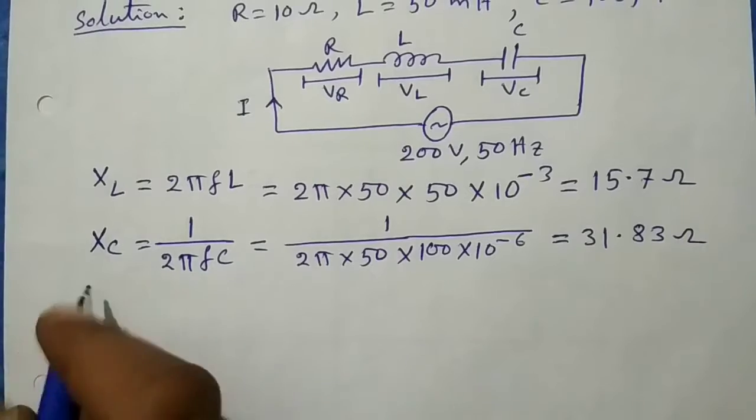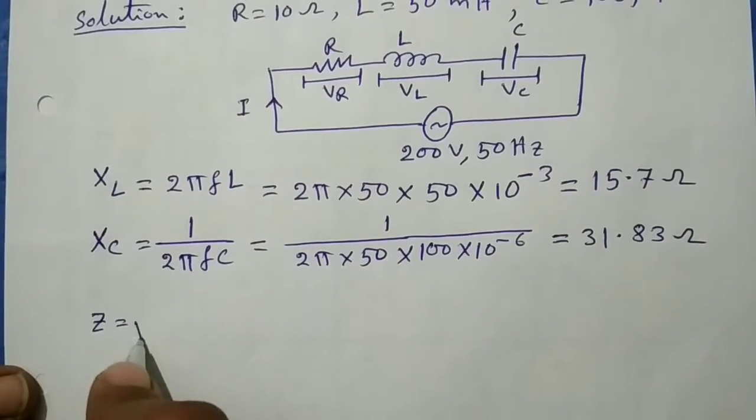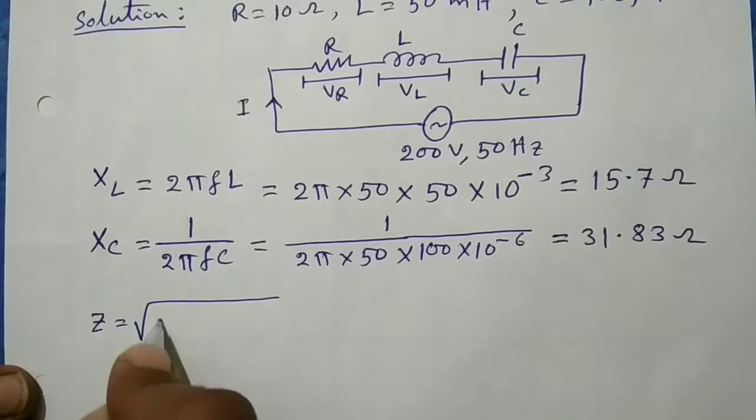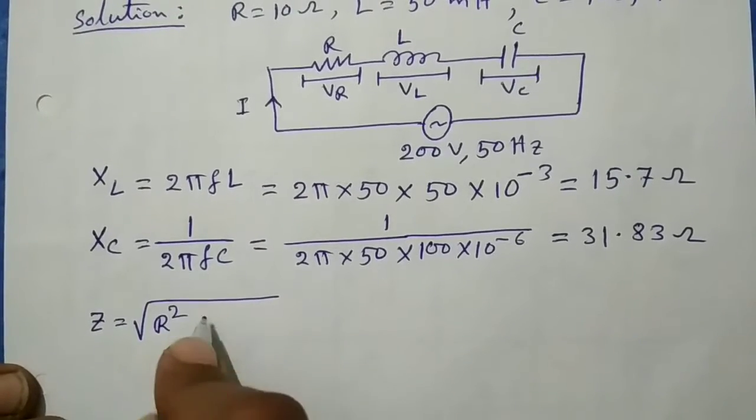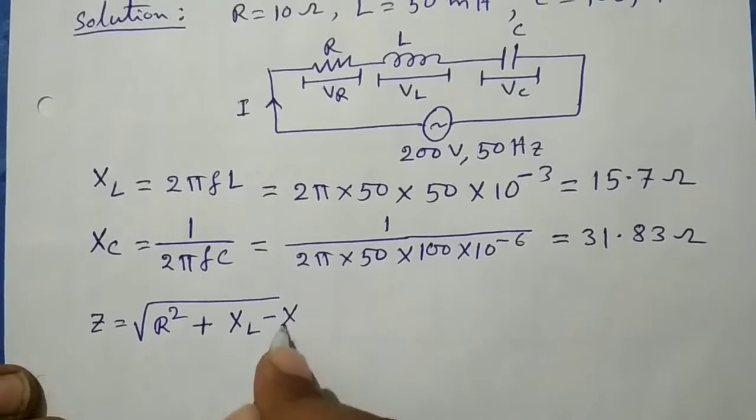Now next we find the impedance of the circuit, that is Z. And for a RLC series circuit, the formula of the impedance is square root of R square plus XL minus XC whole square.